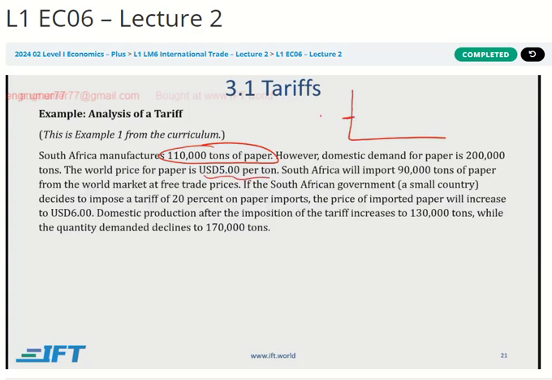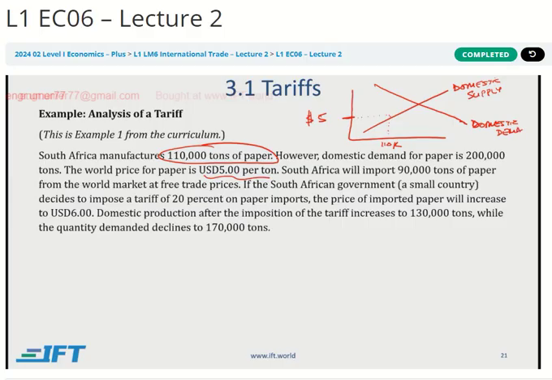So this is the price per ton of paper, and this is, let's say, the domestic supply curve of the South African economy, and they can only supply 110,000 tons.